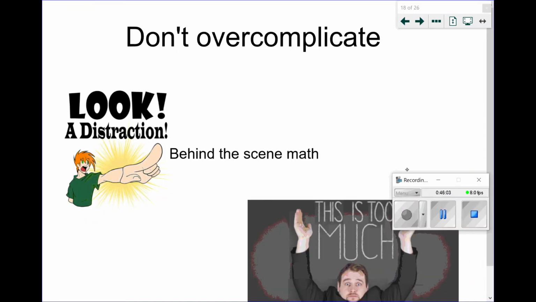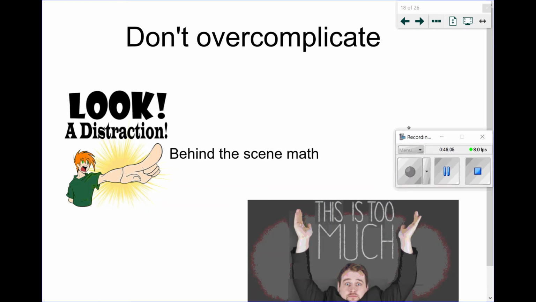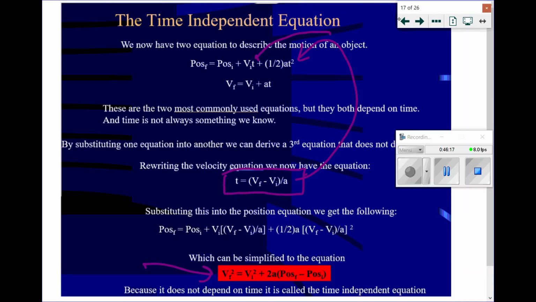Now, one of the things that is going to be overwhelming for people is all of the origins of the math. We don't have to overcomplicate stuff here, okay? We are not interested in the mathematics that makes the equations. You will be provided at all times with these two equations as well as this bottom one.